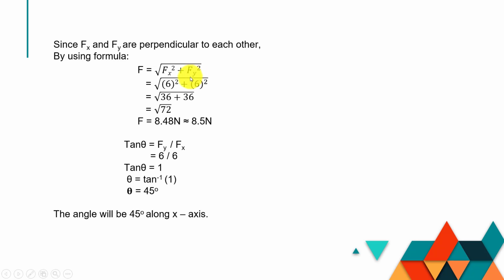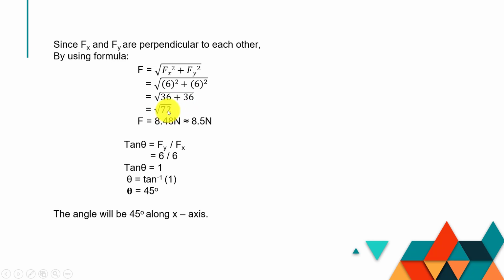Now we have the values of both Fx and Fy. By putting the values in this formula, we have the square root of 6 square plus 6 square, which is equal to the square root of 36 plus 36. By adding these two terms, we get the square root of 72.